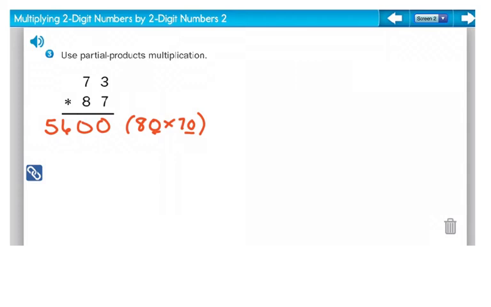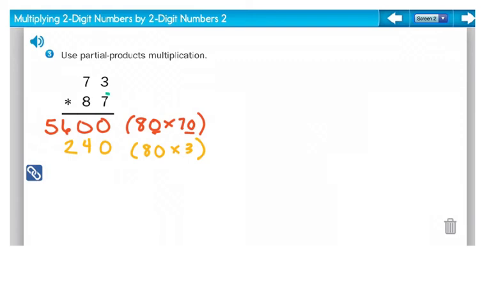Now I'll go ahead and take the 80 times the value of the 3. So in my head, I'm thinking 80 times 3. 8 times 3 is 24 with 1 0 behind it. So 80 times 3 is 240.